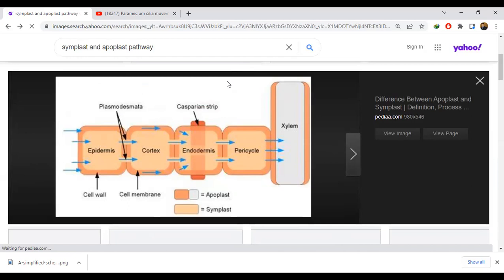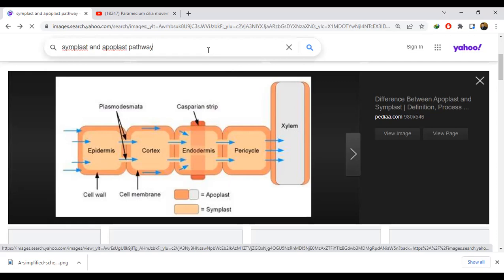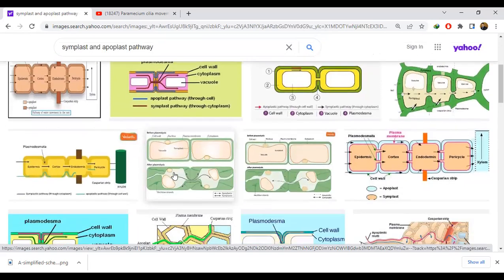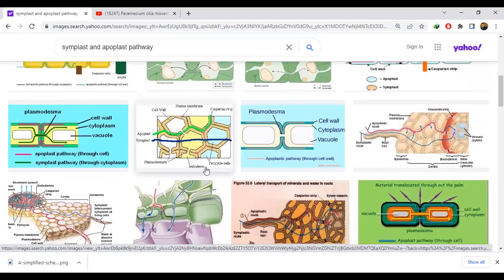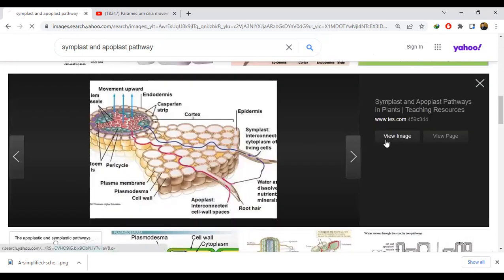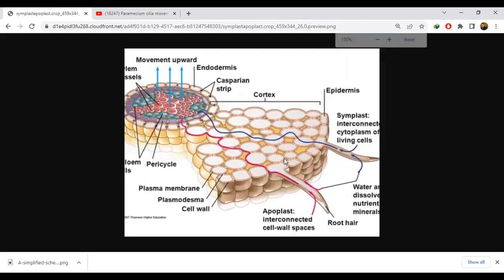From one cell's cytoplasm going to the next cell's cytoplasm through the plasmodesmata, then from that one going to the next cell cytoplasm through plasmodesmata, like that, it is symplast route. So what are the two types of route pointed here? Apoplast route and symplast route.